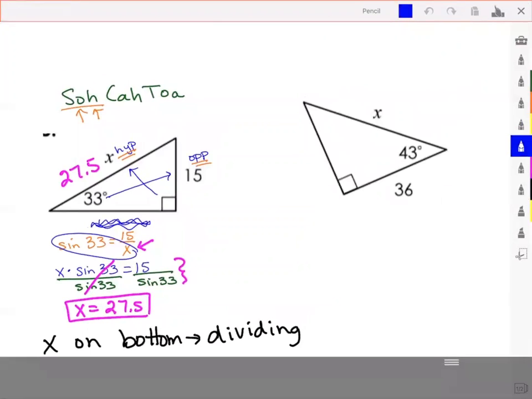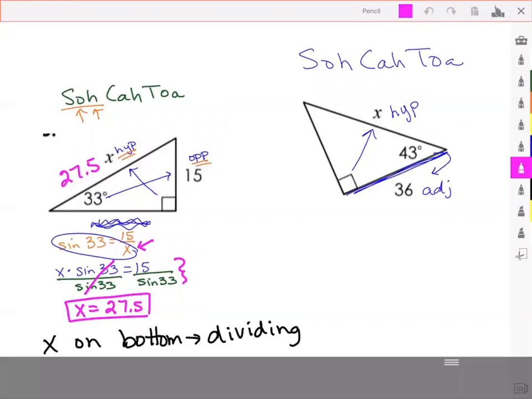For this example, let's see what information I'm given. Across from the 90-degree angle, I am given the hypotenuse. And 36 is right next to the 43 degrees, helping to make up that angle. So that's my adjacent side.